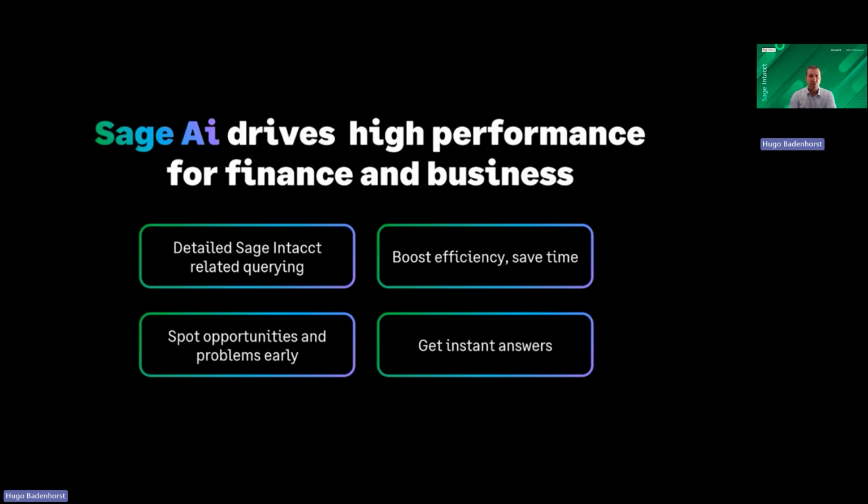What can we do to enhance the user experience on this side, not necessarily replace people, but make the day-to-day job easier so that they can spend their time adding more value to the business? Okay, so that's the drive behind AI, and it's all around trust. That's the main focus.